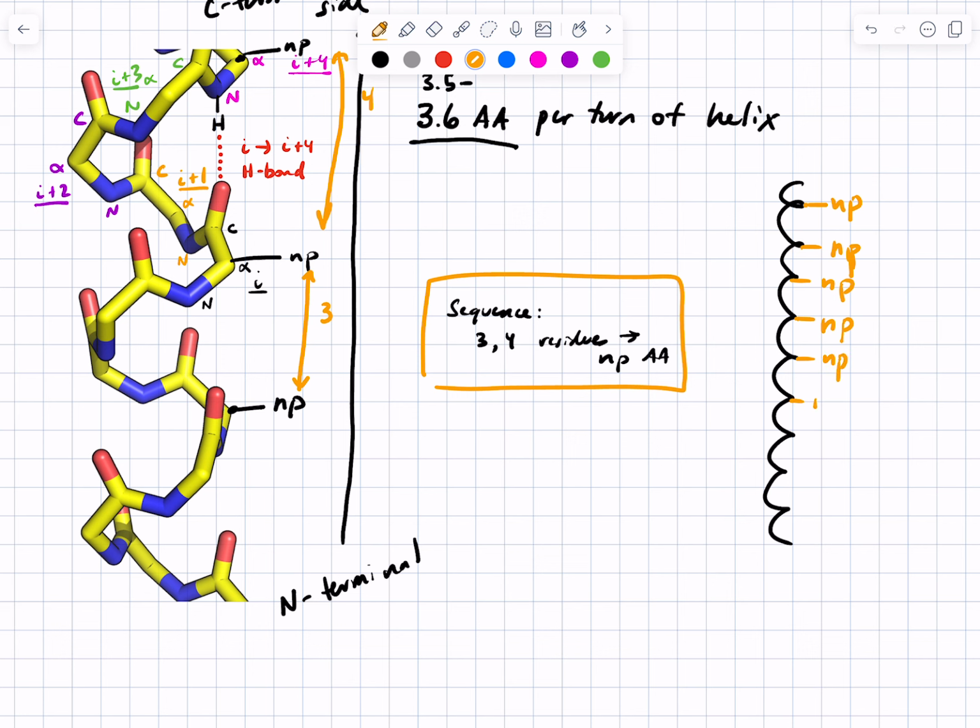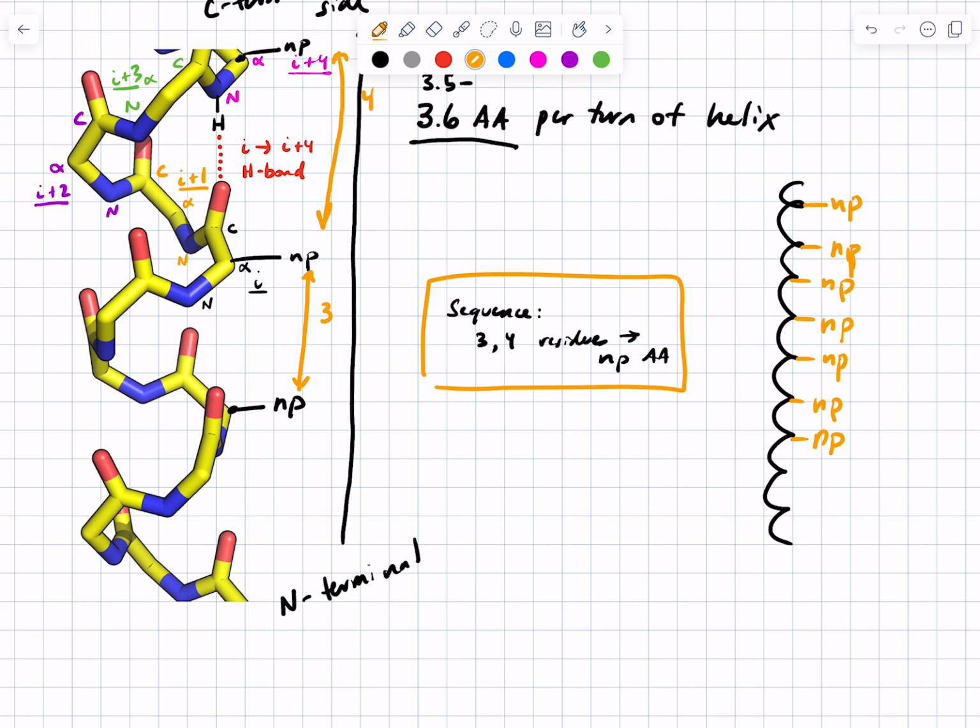And it would basically be along the same side of the cylinder. Okay? Does that sort of make sense? Because of that 3.5-ish residues per turn on average, 2 turns of the helix means every 7 amino acids, you're coming back in space to exactly where you were previously, 2 turns previously on the helical cylinder.